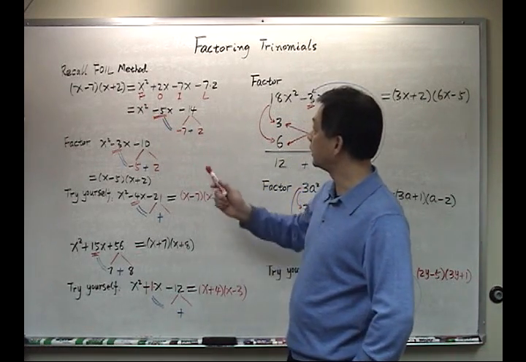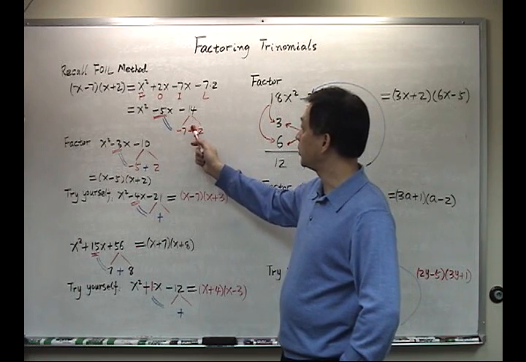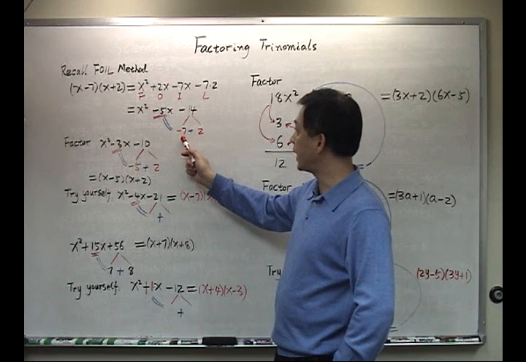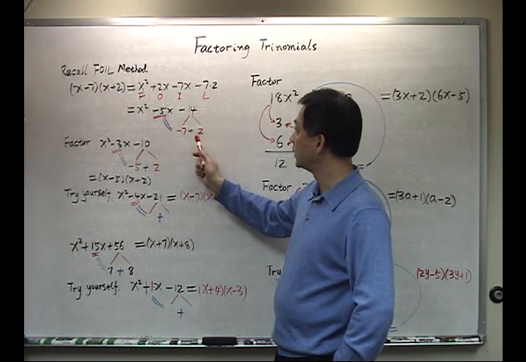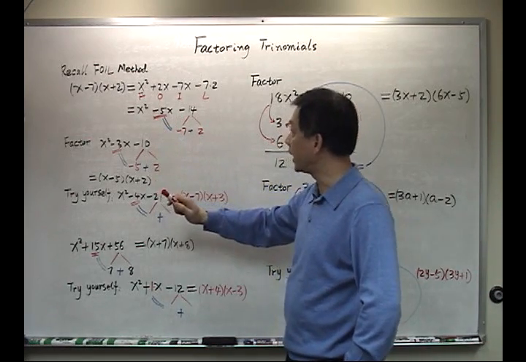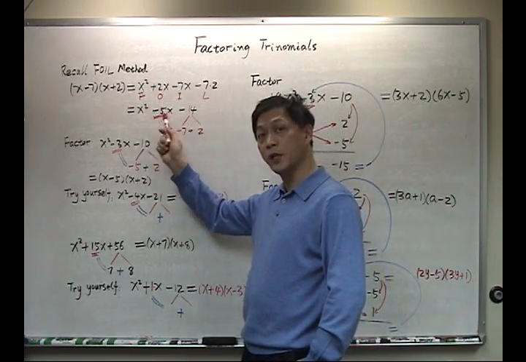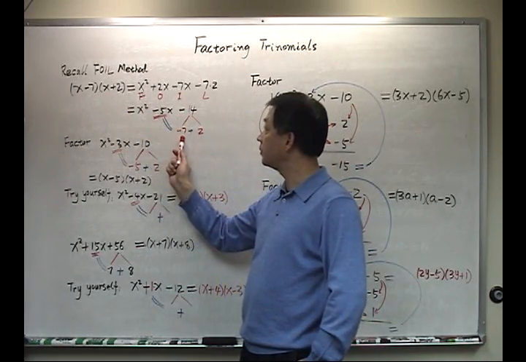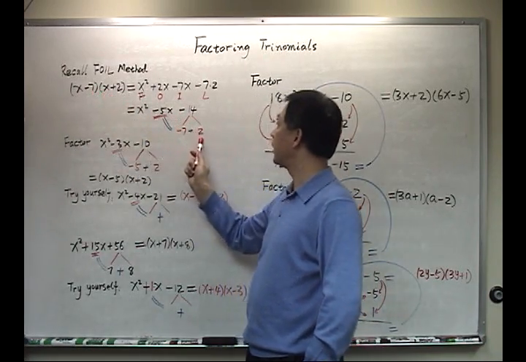And here we can see negative 14 can be broken up into negative 7 times 2. Negative 7 plus 2 is negative 5. So then this trinomial can be written as x minus 7 times x plus 2.